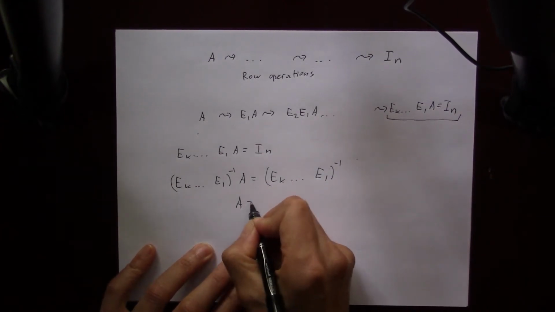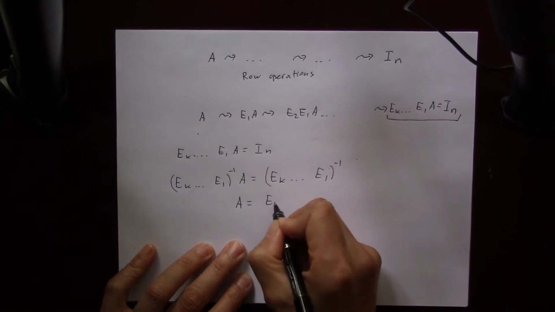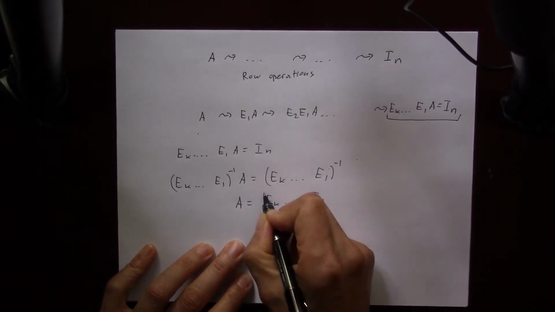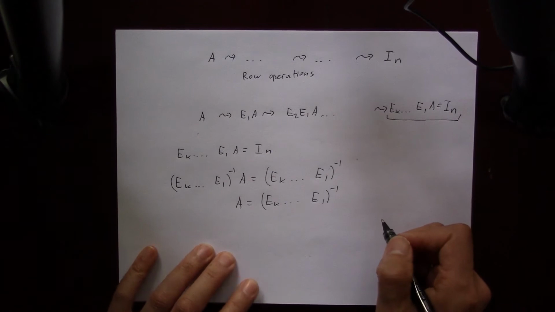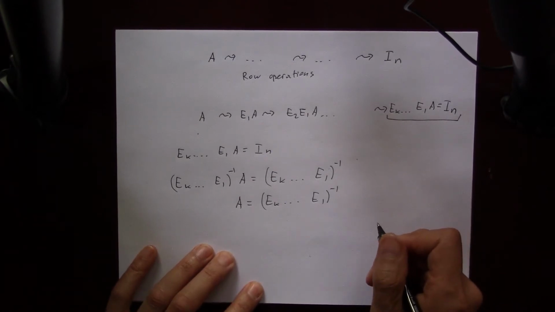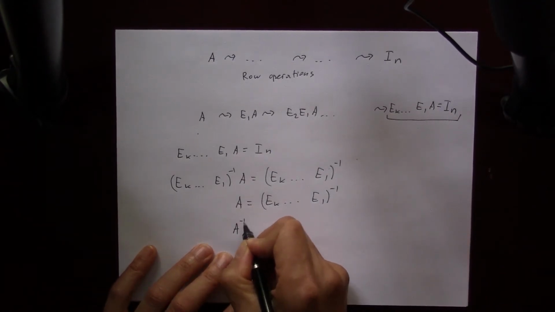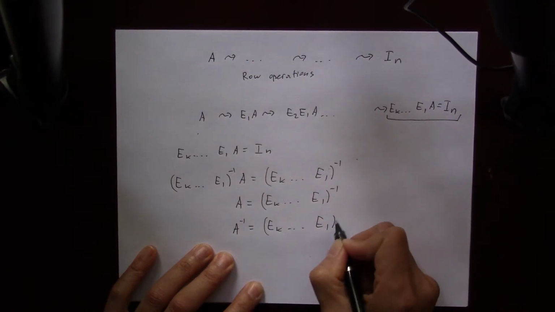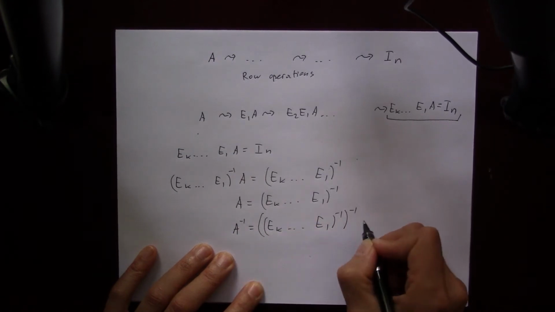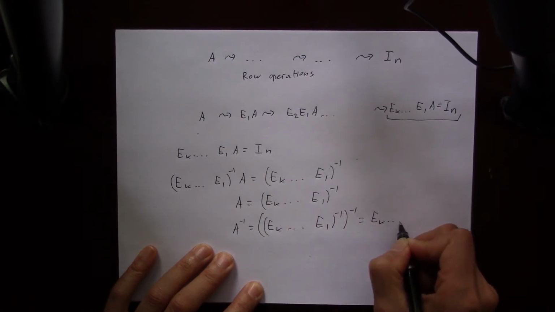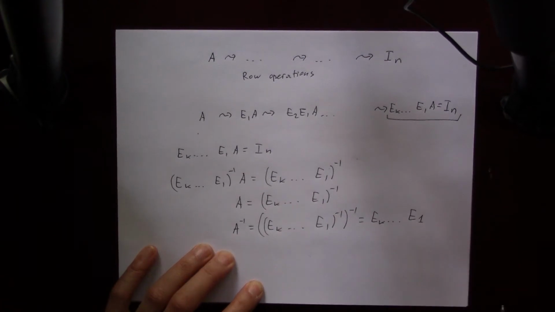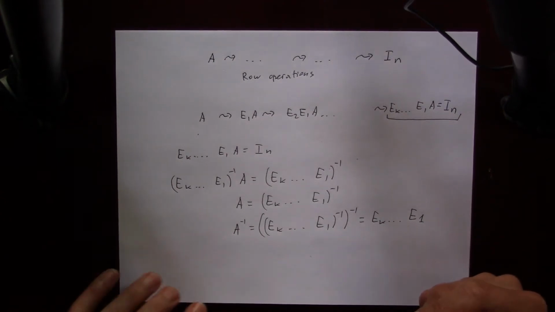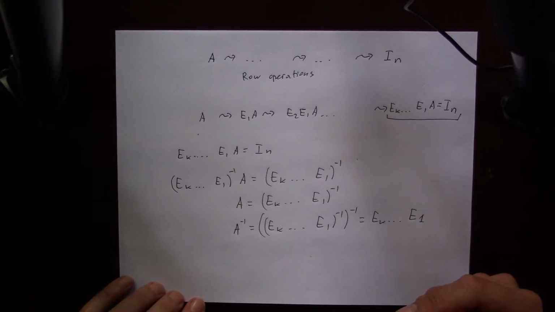So A equals EK ... E1 inverse, from which we conclude that A inverse equals the inverse of the right side. Double inverse is our original matrix, from which we obtain an algorithm for how we're going to find the inverse matrix.